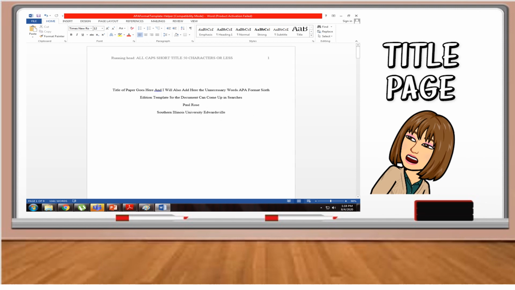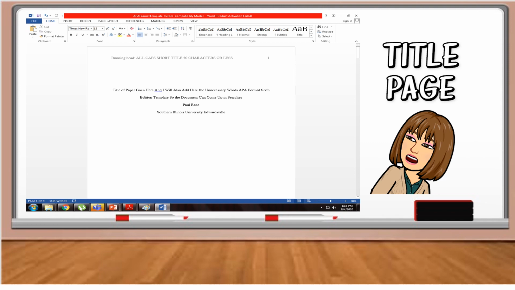So what is the format for your title page? For your title page, for your action and applied research, you must have a running head, all caps, short title in characters or less, meaning shortened of your research title.